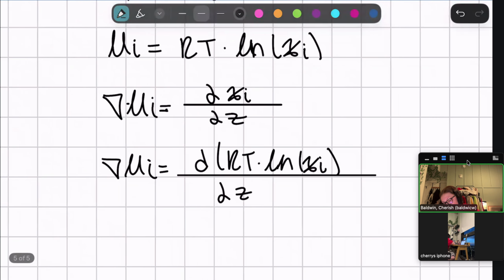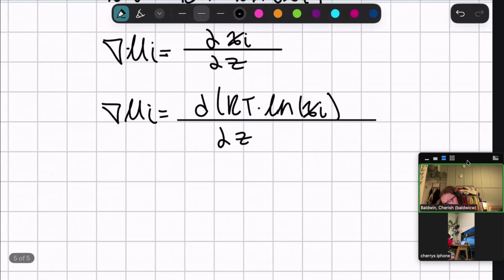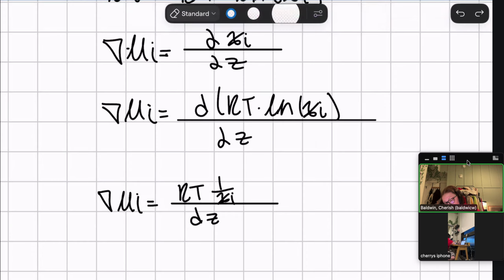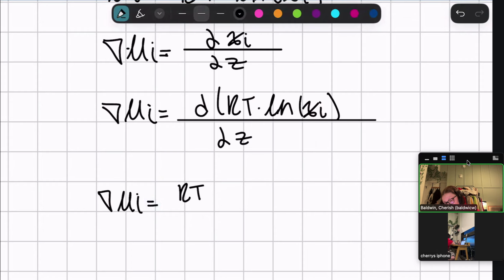And this is equal to RT over 1/2 xi dz. We take the derivative, RT is constant.